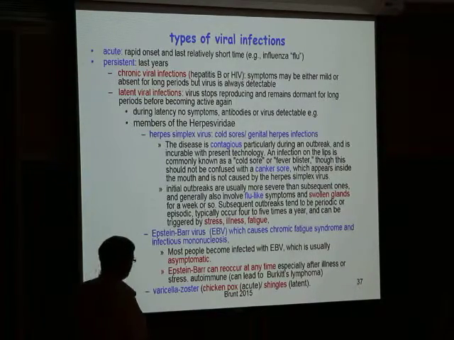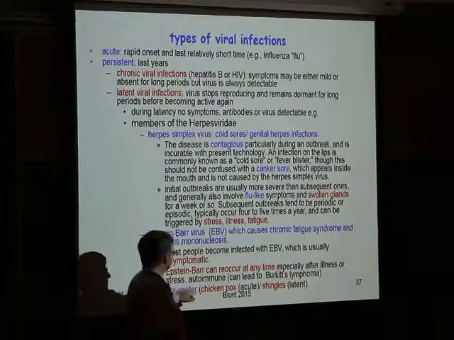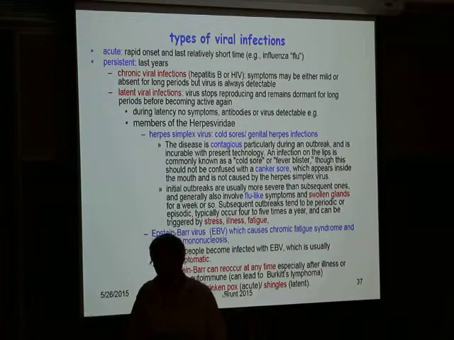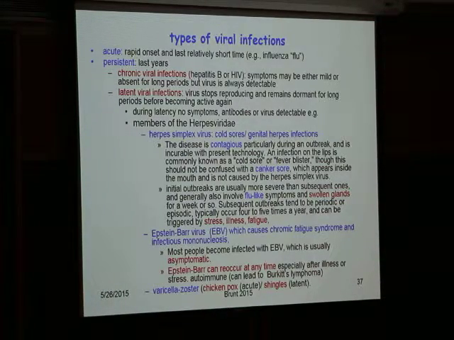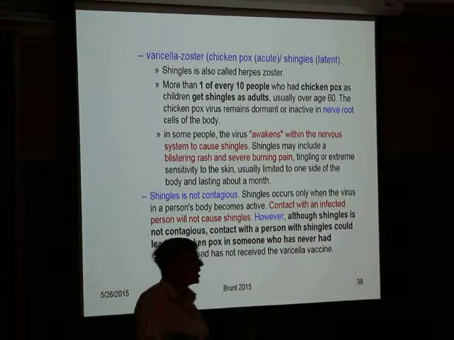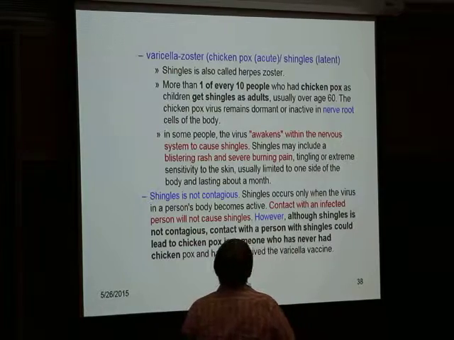And of course, another good example is varicella zoster, which is chickenpox, which is a herpes virus as well. It's the acute infection. Shingles is the latent infection. And most people would argue that the more severe infection is the latent infection, which is shingles. For anybody who has suffered from shingles, the suffering is far more serious than the original infection.